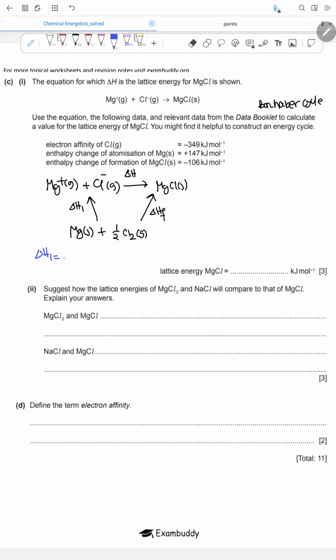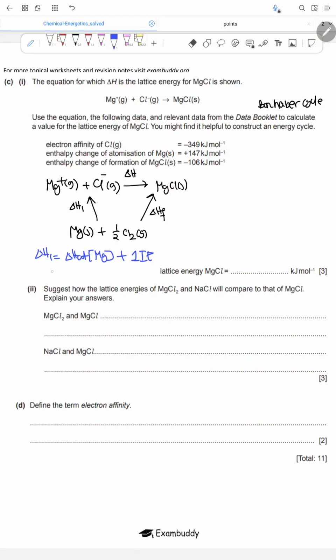So it is the atomization of magnesium, then we have magnesium gas, then the first ionization energy of magnesium. Why? Because we are removing an electron.